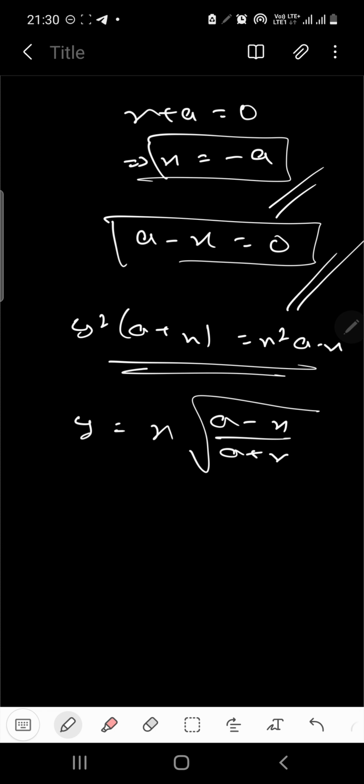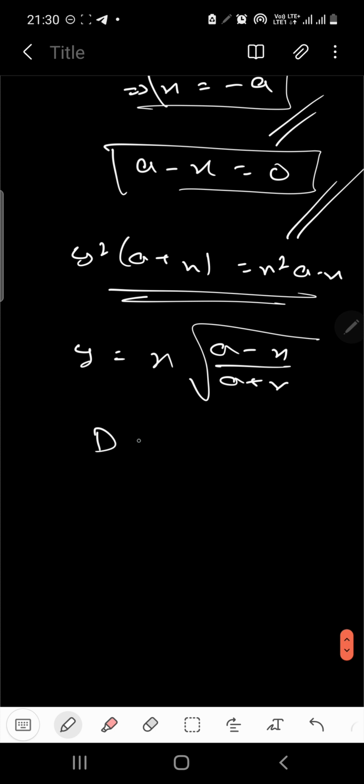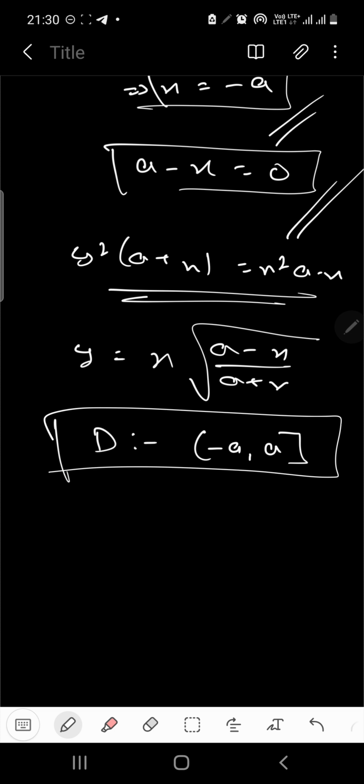You are getting the domain D as the open interval minus a to the closed interval a, that is excluding minus a and including a. Got it? Your range is actually all real numbers, because we actually don't know what a is here.